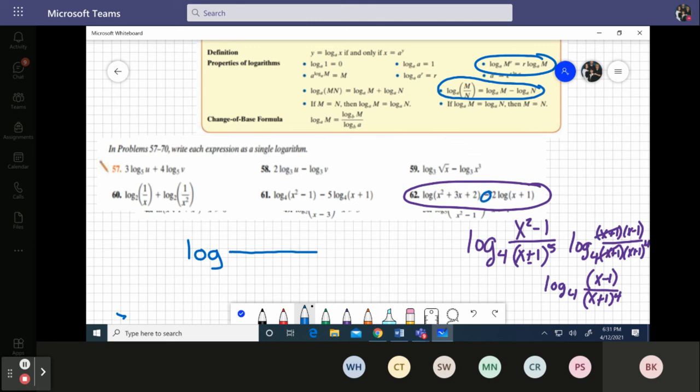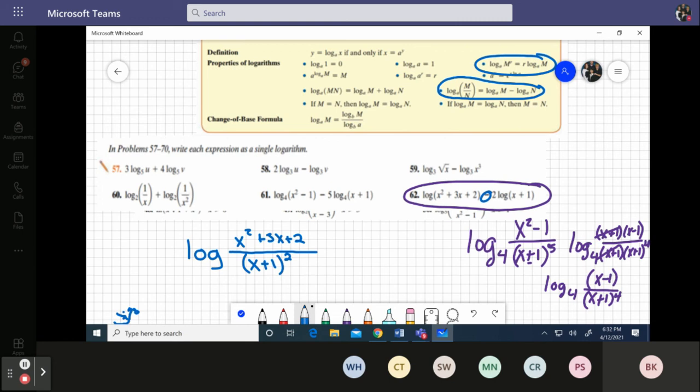Because this is subtraction, I know it's going to be a quotient. And I have x squared plus 3x plus 2 in the numerator. And what do I have in the denominator? X plus 1 to the second power, right? Because that 2's got to come up. Now what can I do? Okay.